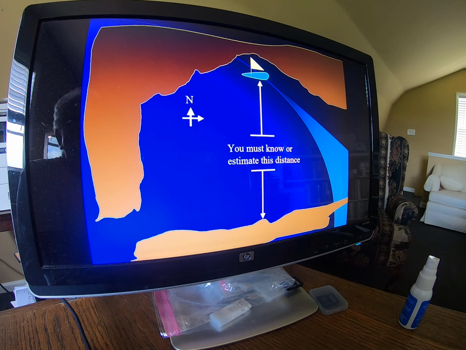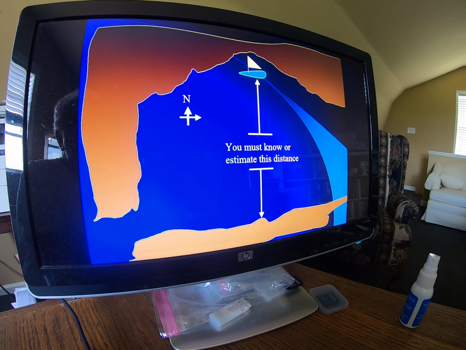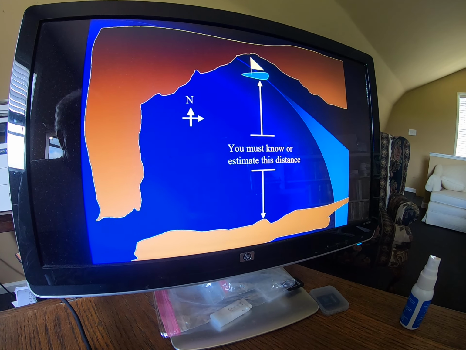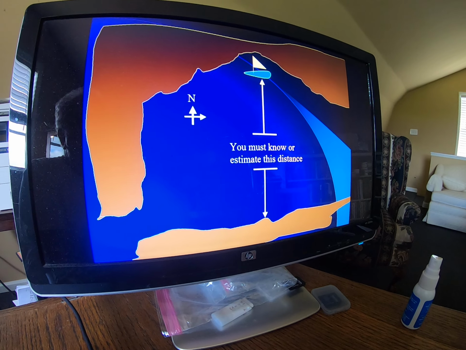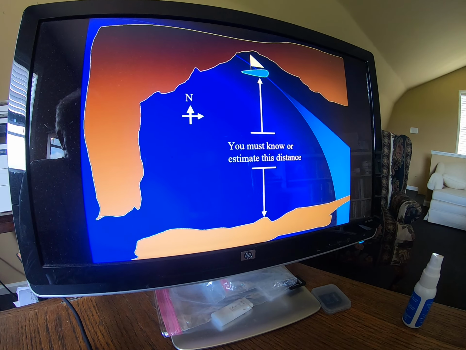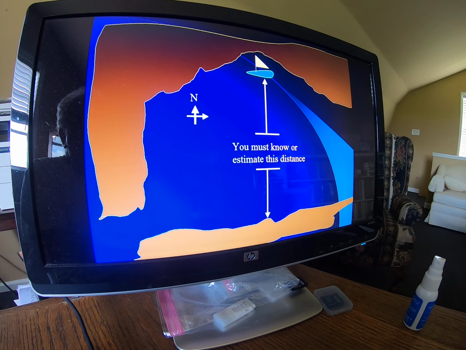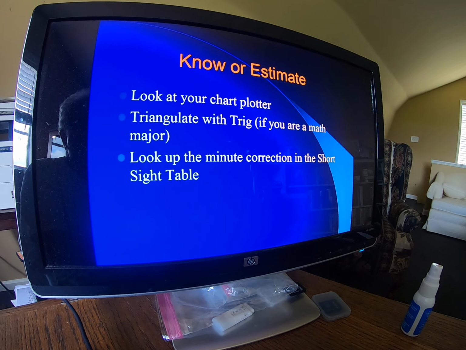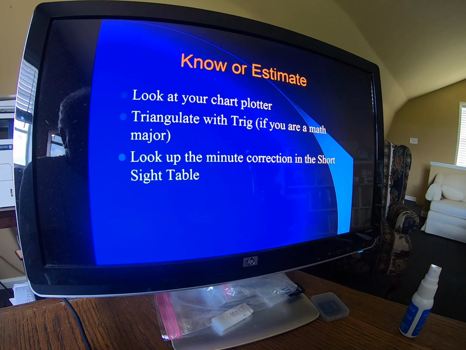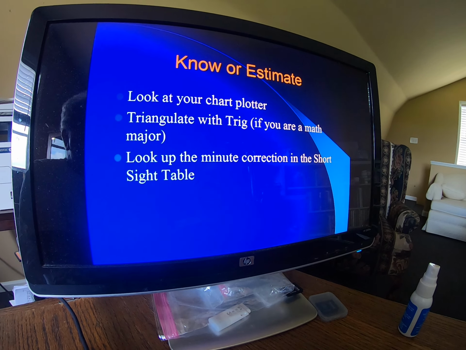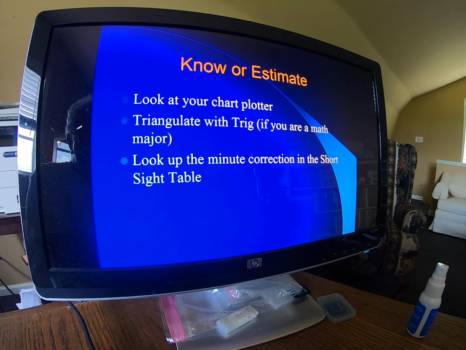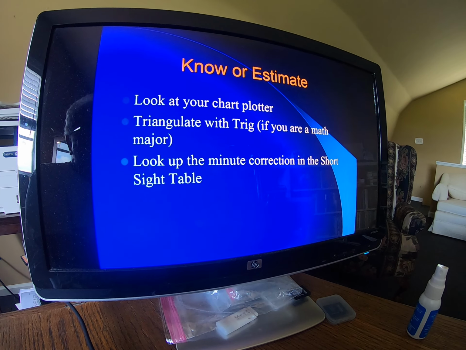Anyway, now you need to know how far you are from the land horizon. You can guess that or you can estimate it. Good luck. One way is to look at your chart plotter. If you're a math major, you can triangulate it by taking an angle, moving your boat so far, taking another angle, doing the trig involved.